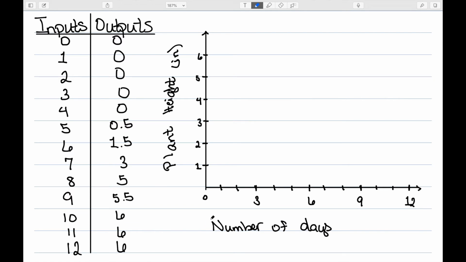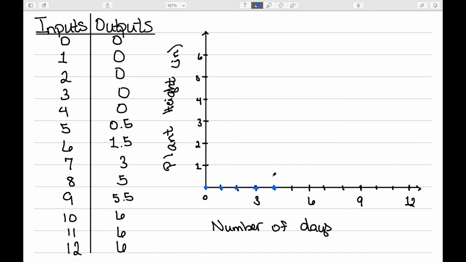So I want to graph this. Our inputs were the number of days, so this will go on our x-axis, the horizontal axis. The y-axis, or the vertical axis, will be our outputs, which is the plant height measured in inches. On day 0, the height was 0. On day 1, the height was 0. Day 2, day 3, and day 4, it was all 0.